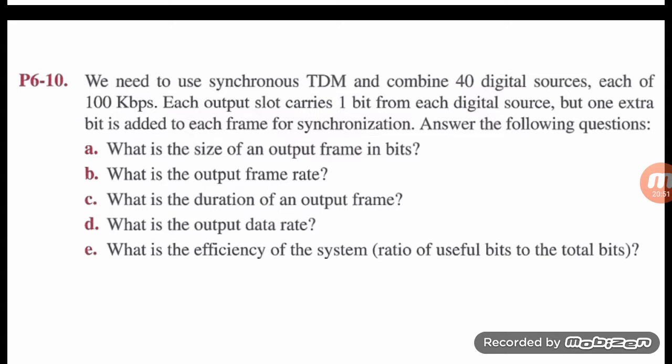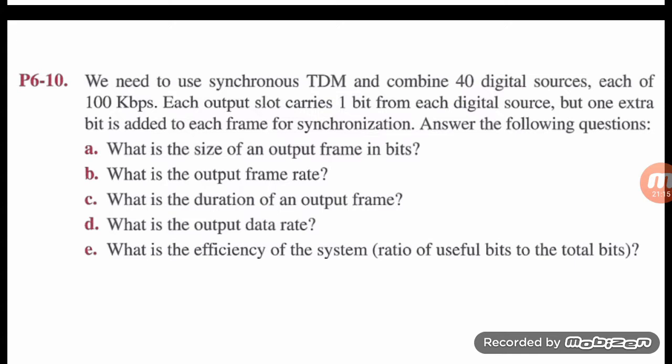Now he's saying that we are adding one extra bit each frame for synchronization. So this means that each frame will have how many bits? 41. 40 are coming from these users, 1, 2, 3, 4, 5, all the way up to 40, plus 1 for synchronization. So the frame size will be 41 bits.